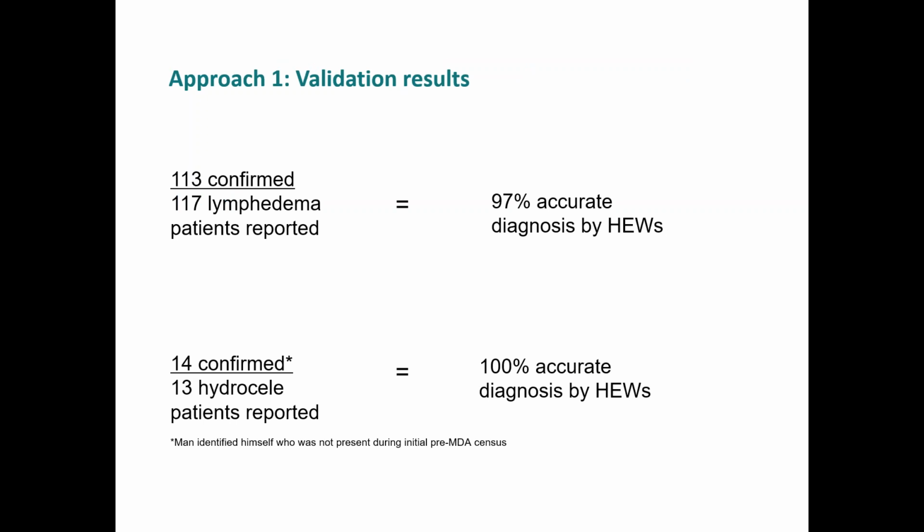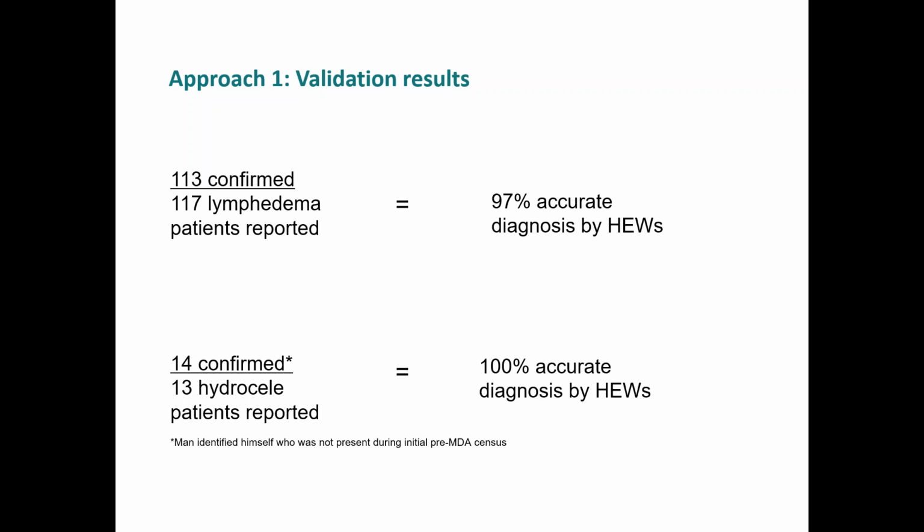Within this approach, the validation result within those sub-districts or villages indicated that the health extension workers identified 170 lymphedema patients and 113 were confirmed as lymphedema, which is 97% accuracy.